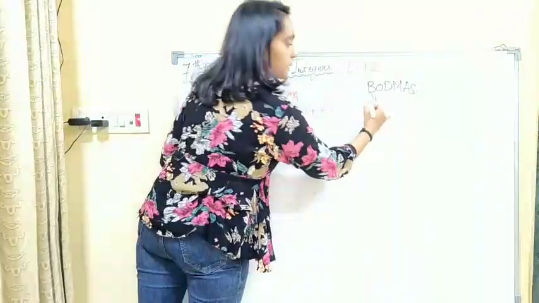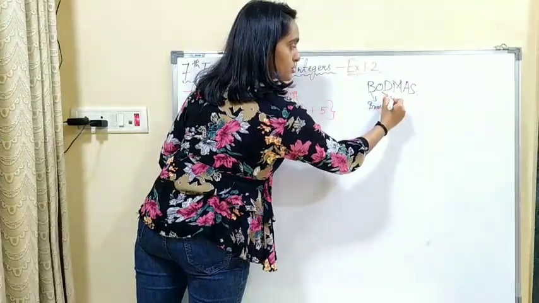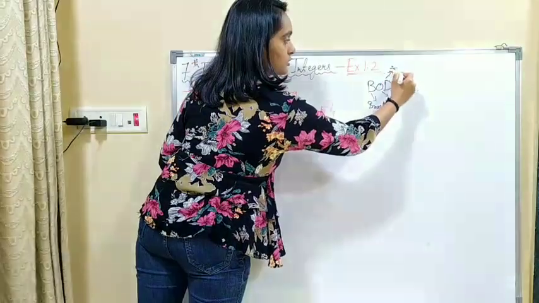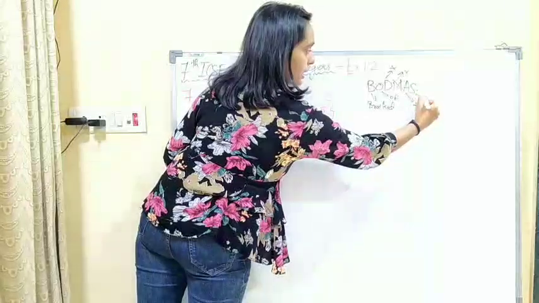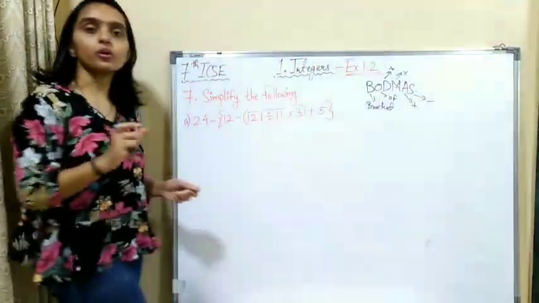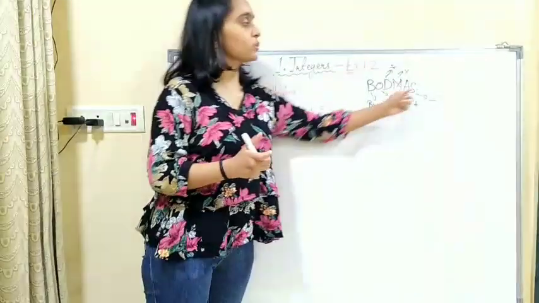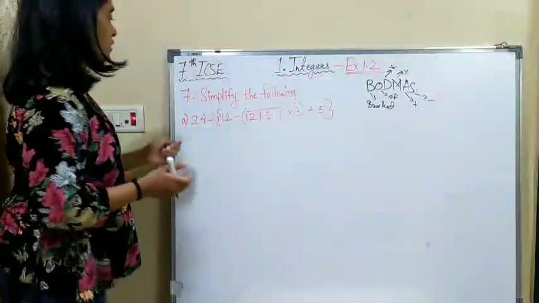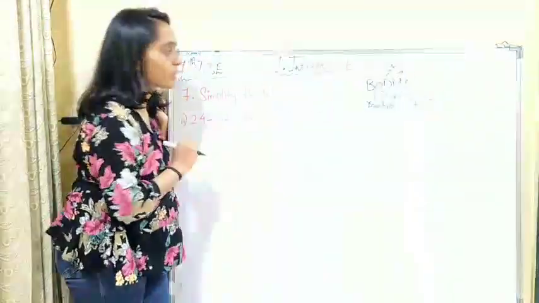BODMAS means B for bracket, O for of, then division, multiplication, addition and subtraction. For any expression, to simplify it, you have to follow this order to solve the answer. Here the question is, please simplify the following.